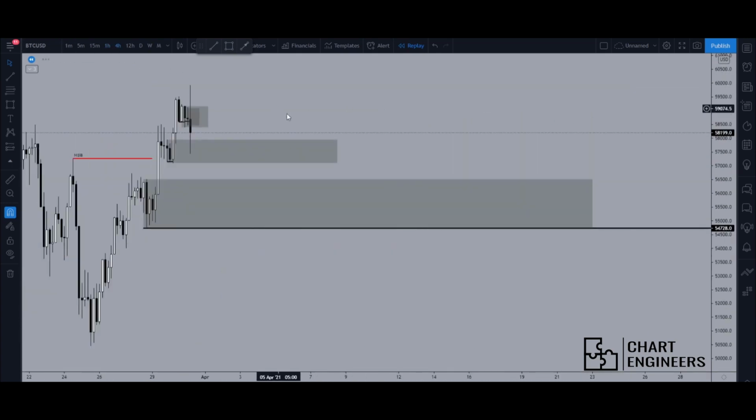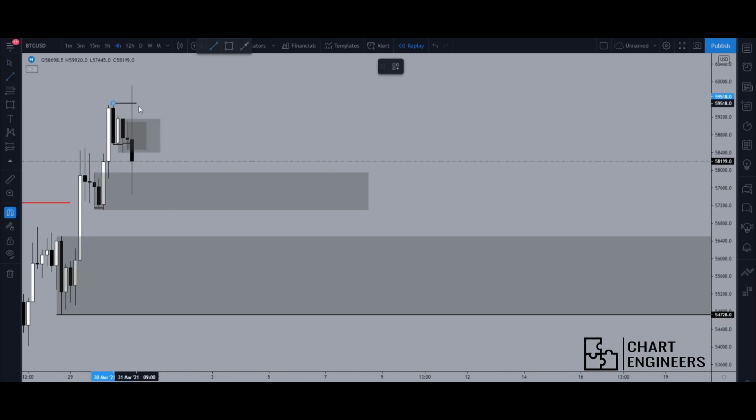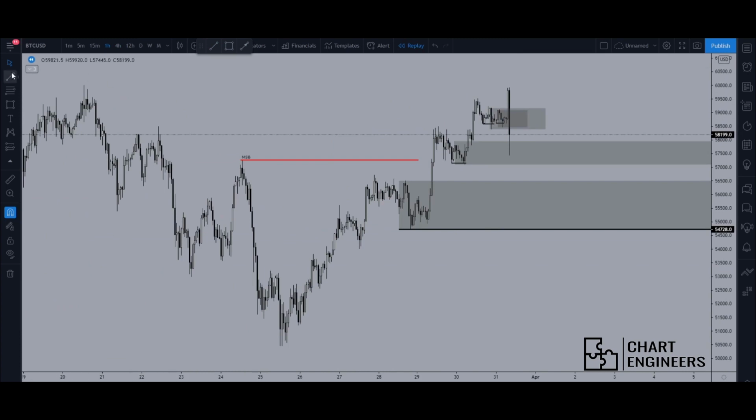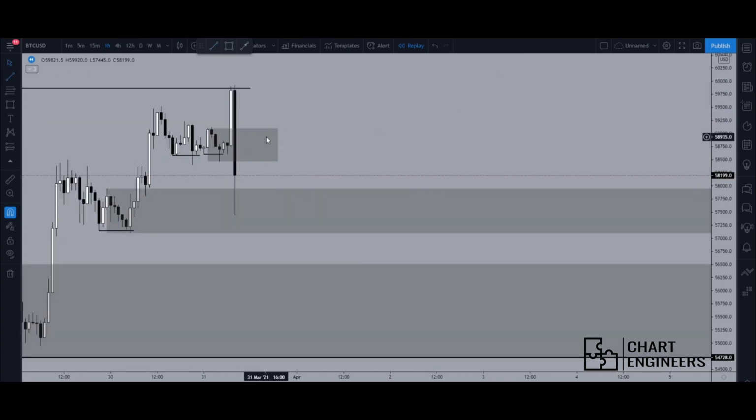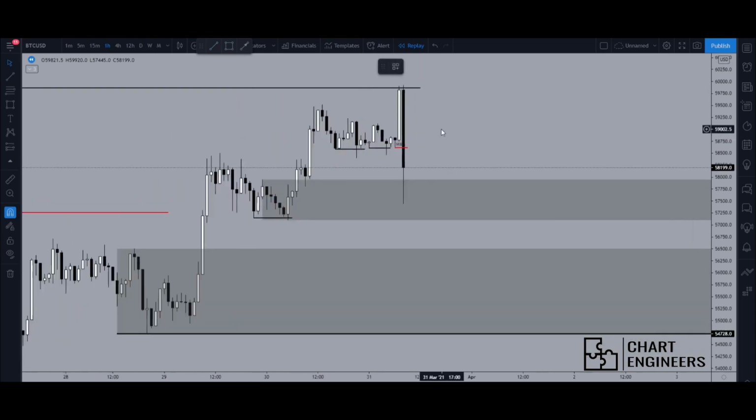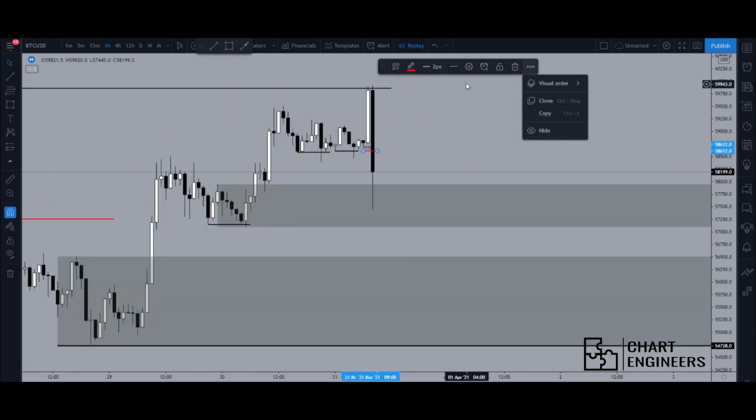And then also it's probably good to note that the 4 hour did sweep, and then the 1 hour also did sweep a high from all the way over here, and then we did form this counter setup to the bottom side right here. So I was actually long again.